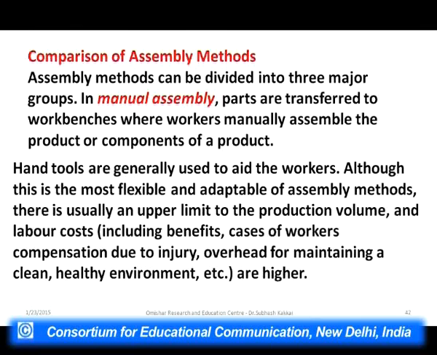Here a workbench or work table is there where the parts are transported and the worker assembles the parts manually. His workbench is designed such that ease of operation is there.